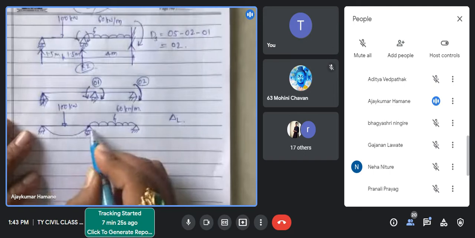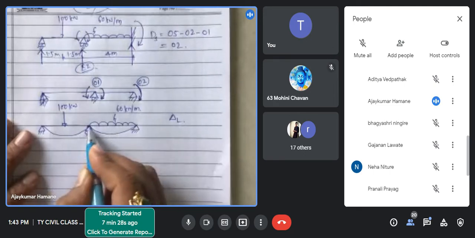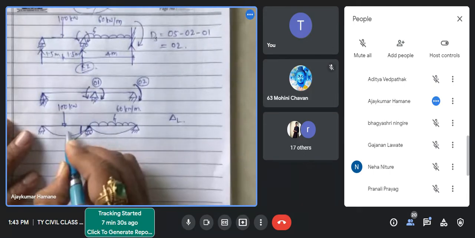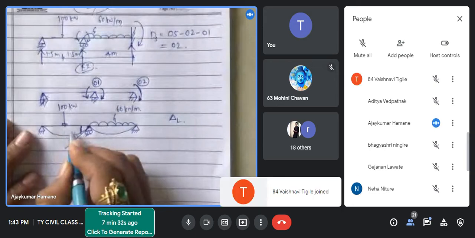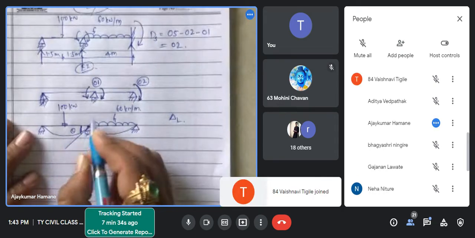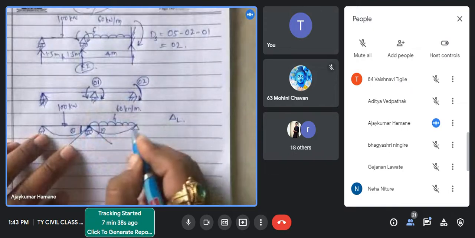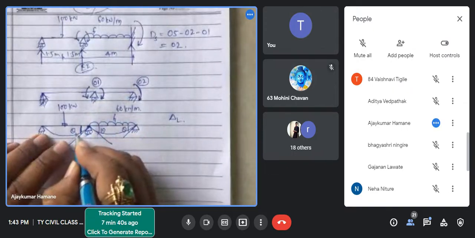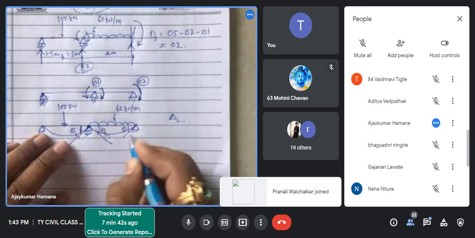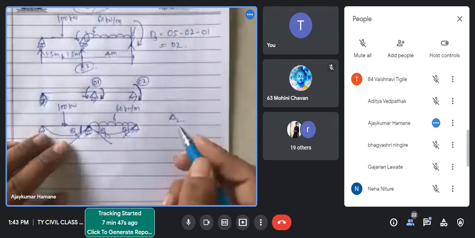The beam will deflect like this. So due to this loading, because the moment gives us rotation, we have slope here, theta b1, theta b2 and theta c.